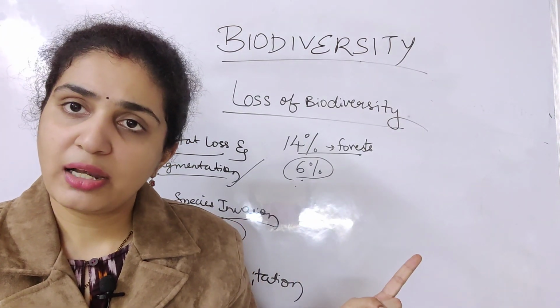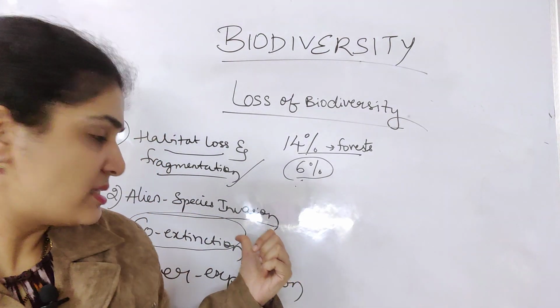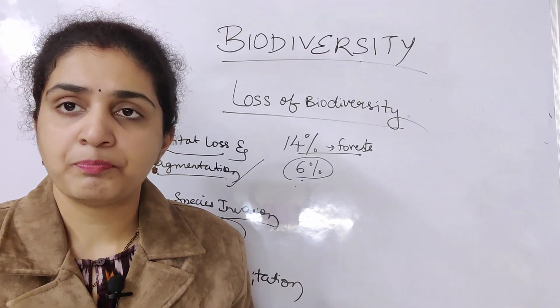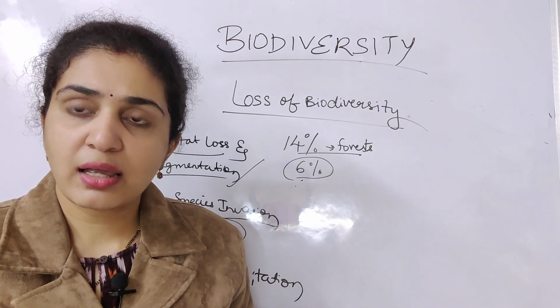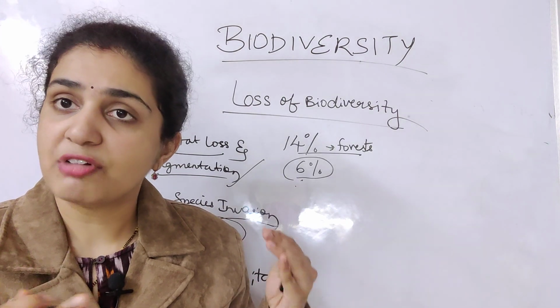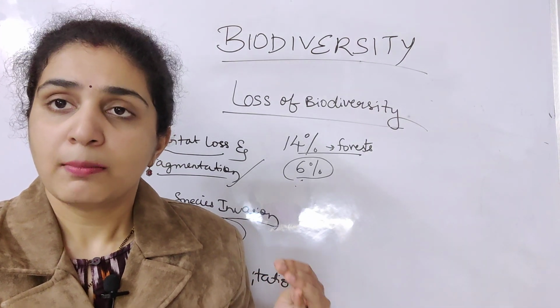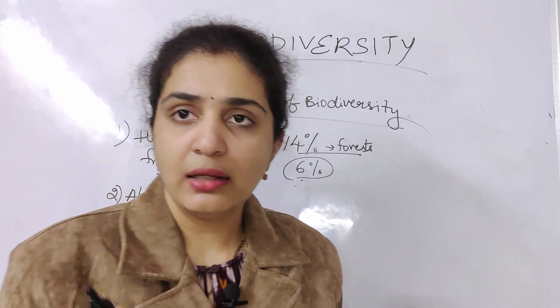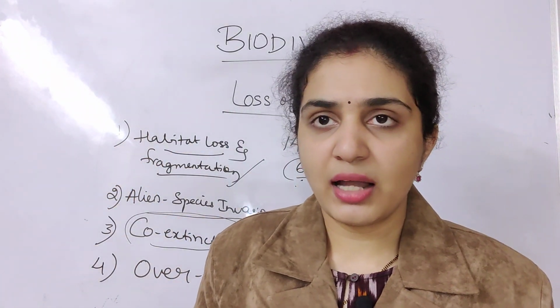So the plant pollinator mechanism is an example of co-extinction, as well as host and parasite. Suppose a host can survive without a parasite, but a parasite can survive with the host only. If the host dies, then the parasites also will die, right?